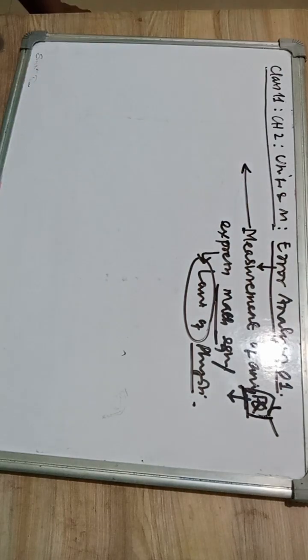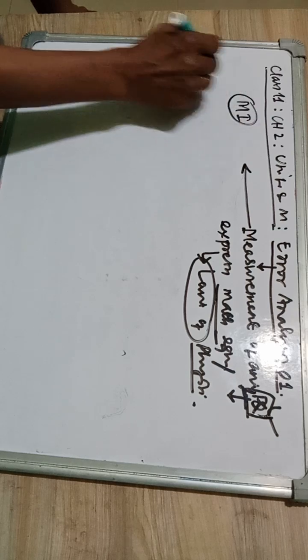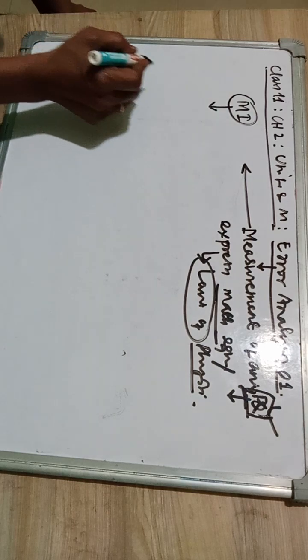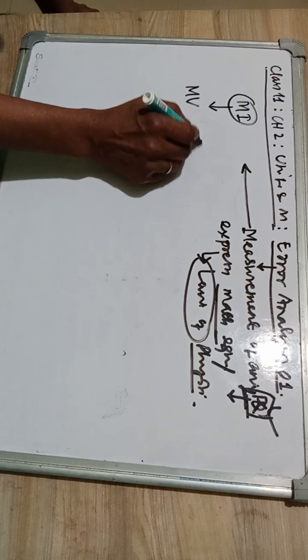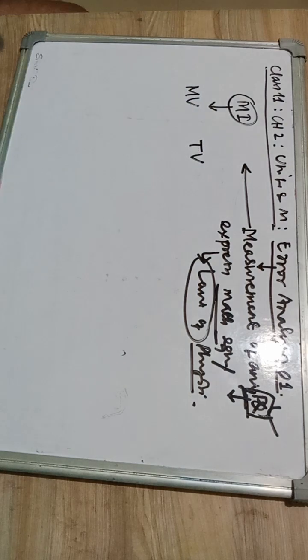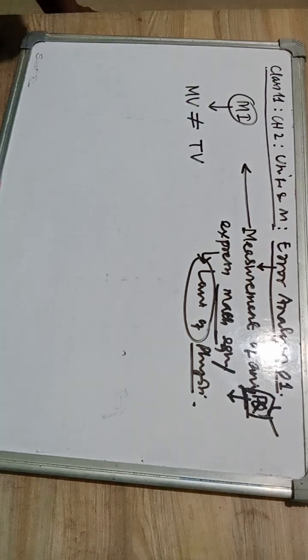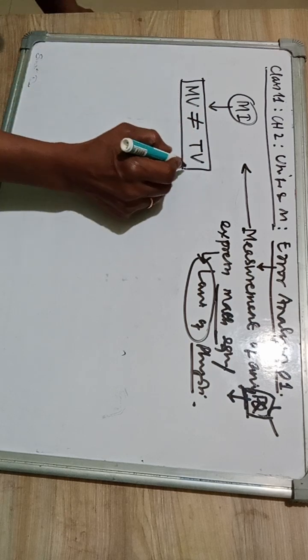And it is known that while measuring any physical quantity using any measuring instrument, we will have certain error. That means while measuring, the measured value should be equal to the true value or exact value of the quantity, whereas we find some deviation between the measured value and the exact value of the quantity.